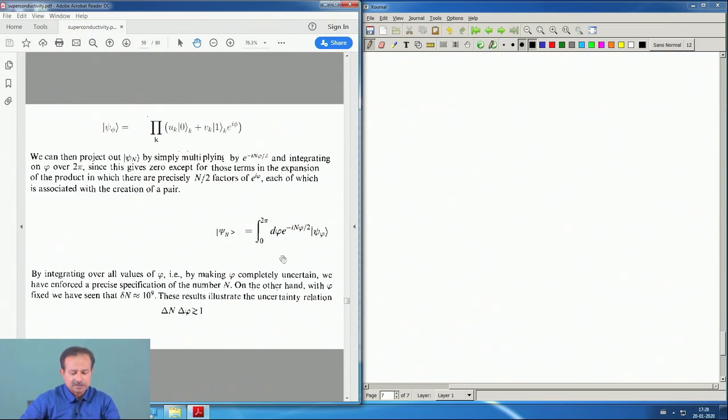Now see what happens. Suppose n by 2 is equal to, say, 2. As you remember, there are just two states k1 and k2, from which I found that the wave function was a linear combination of 0, 1 and 2 pairs. That means a 4 particle state was there with the coefficient Vk1 into Vk2.